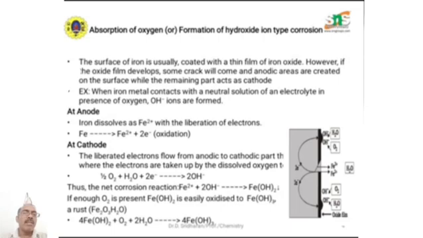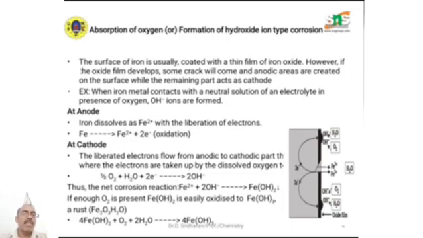The reactions at the anodic side: iron dissolves as Fe2+ with the liberation of electrons. At the cathodic side, the liberated electrons flow from the anodic to the cathodic part, where the electrons are taken up by the dissolved oxygen. The reaction is O2 plus H2O plus 2 electrons gives 2OH-.